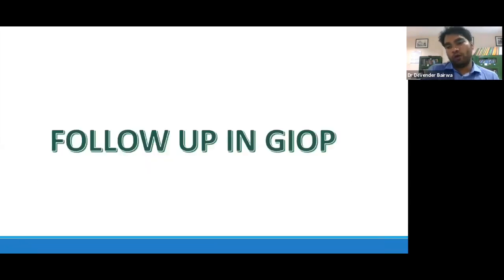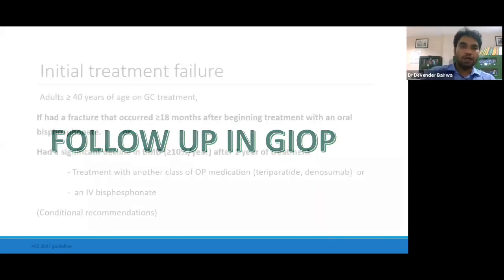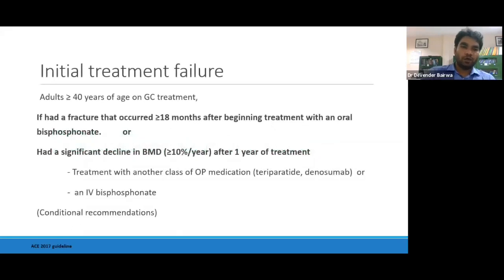Follow up in GIOP. How will you follow up once you start treatment for these low, moderate and high risk patients? In adults more than 40 years of age on ongoing steroid treatment, if they had a fracture that occurred more than 18 months after beginning treatment with an oral bisphosphonate, or they are having a significant BMD decline, taken as more than 10% loss per year, then you can consider treating with another class of medication like teriparatide or denosumab, or you can take an IV bisphosphonate.